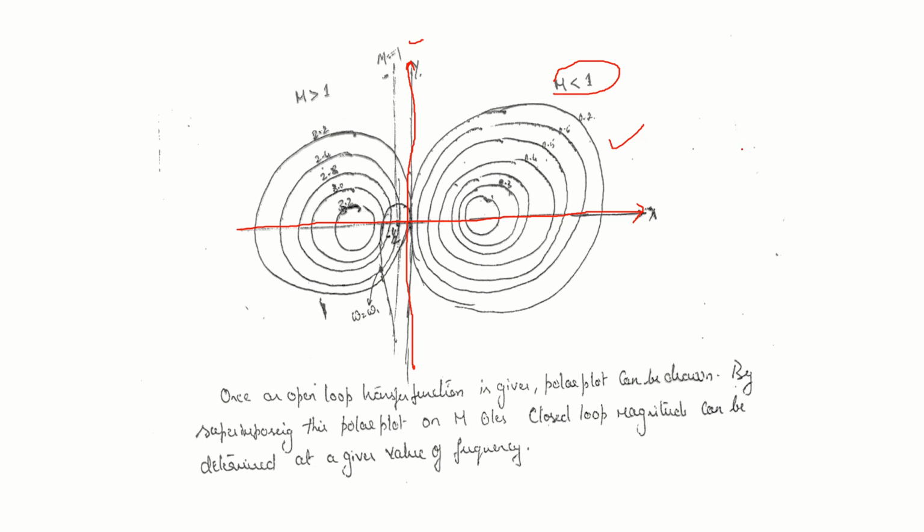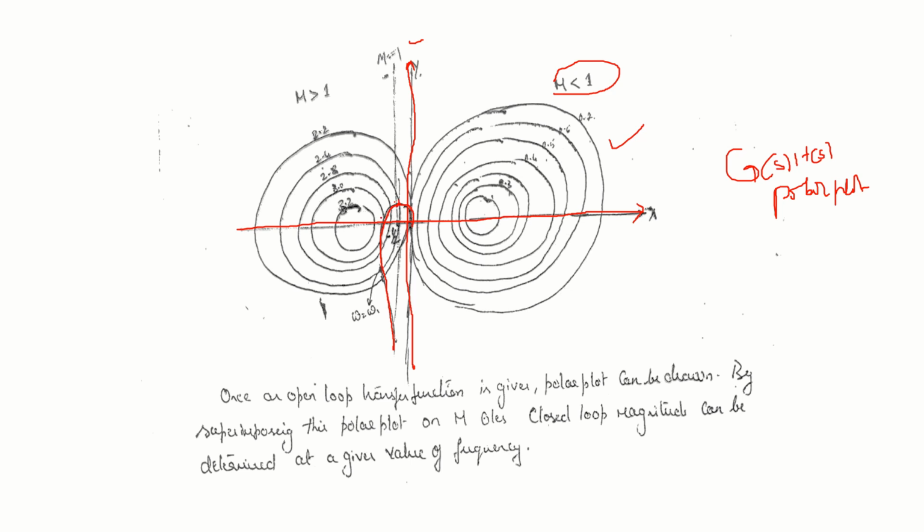Now suppose these circles are available. What is the use? G of s H of s is given. Once G of s H of s is given, you can always draw the polar plot. You superimpose the polar plot on these M circles. Every point you are marking frequency, correct?